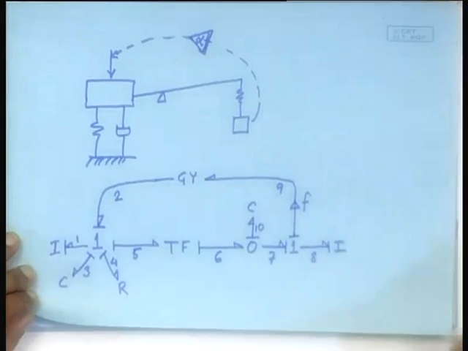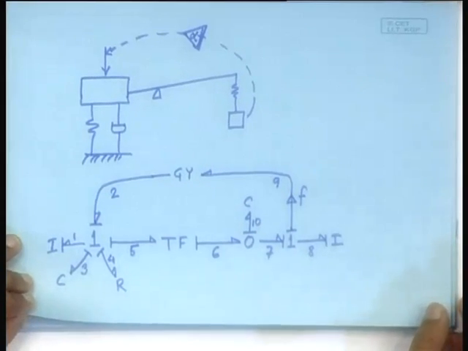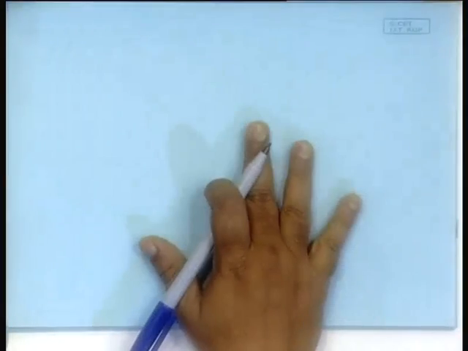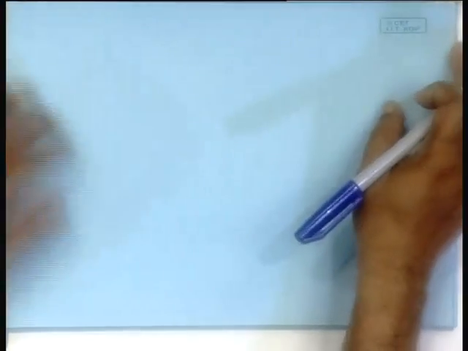There are many things. If I have to do this here in this page, it will be difficult. So, let me just in short draw the diagram, otherwise you will not be able to follow.